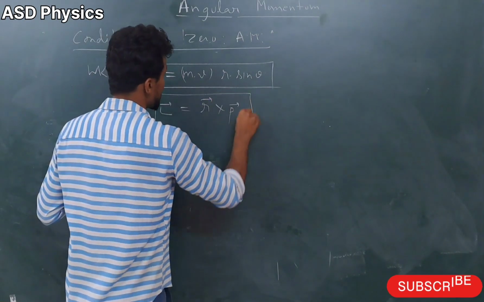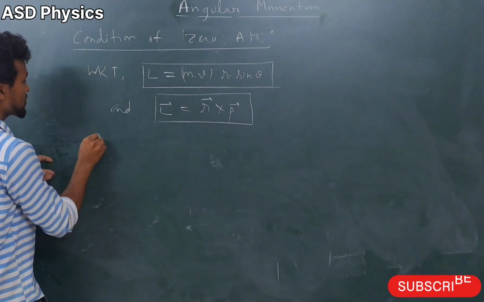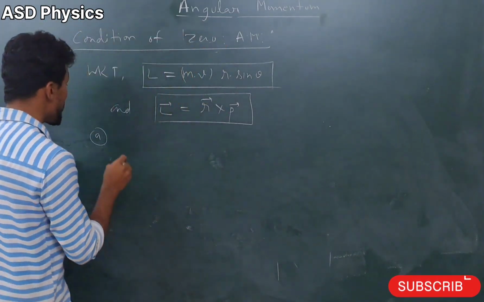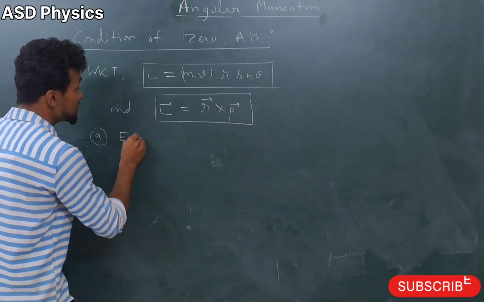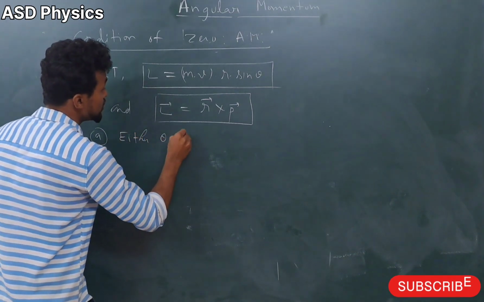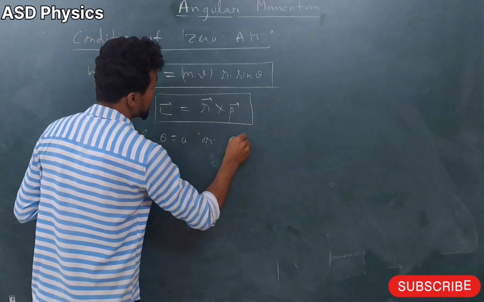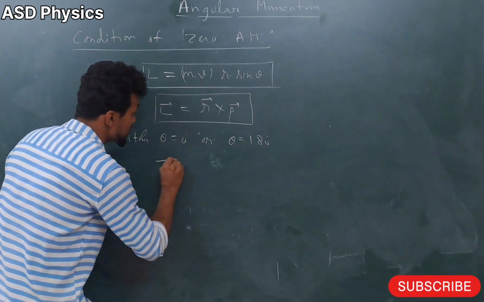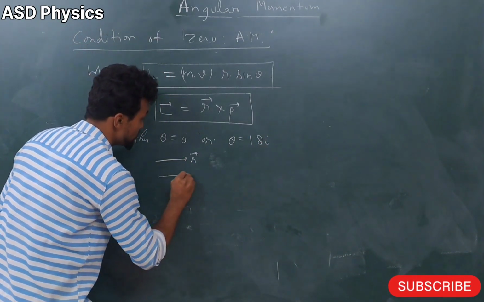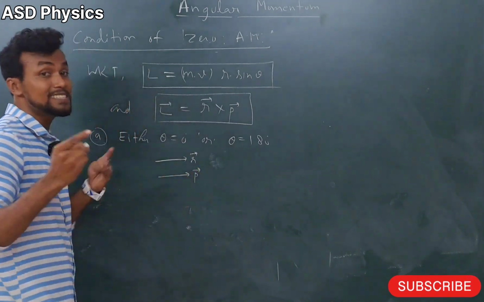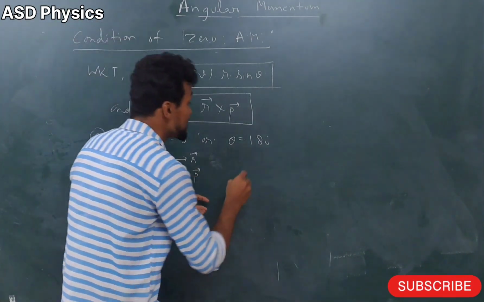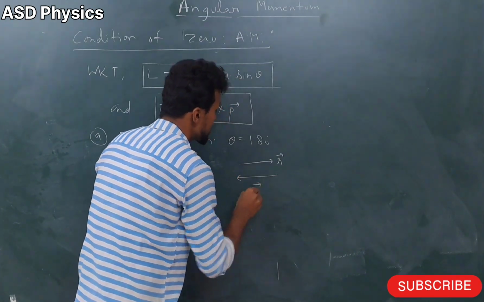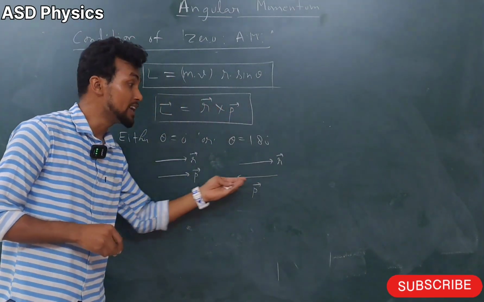So if we talk about the first condition, the angular momentum will become zero when either theta is 0 degrees or theta is 180 degrees. That means for theta equal to 0 degrees, if this is r, then the momentum is in the same direction, parallel vectors. Theta 180 degrees means if this is r, then the momentum is opposite. So here parallel, here anti-parallel.